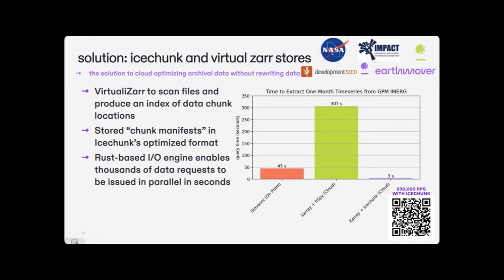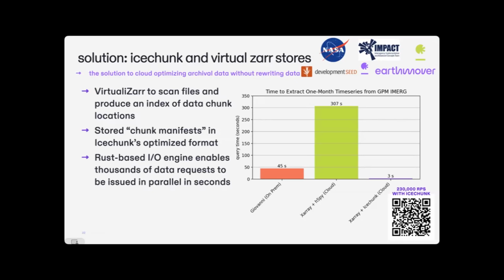So to extract a 1-month time series from this IMERG data set using this IceChunk approach took 3 seconds. If we were to try to extract the same data from the set of NetCDF files on the cloud, it would take over 5 minutes to get that same set of data. And then the control, which is just those data sets on POSIX storage, took 45 seconds.